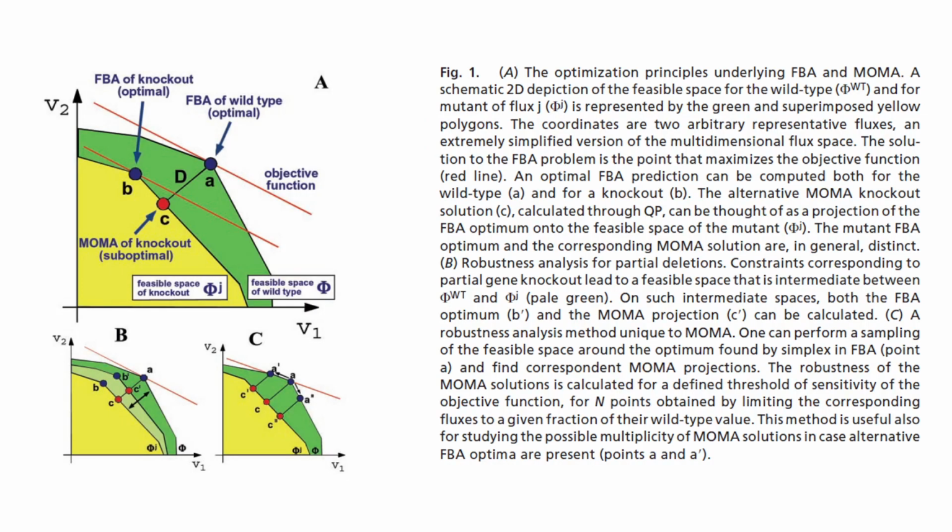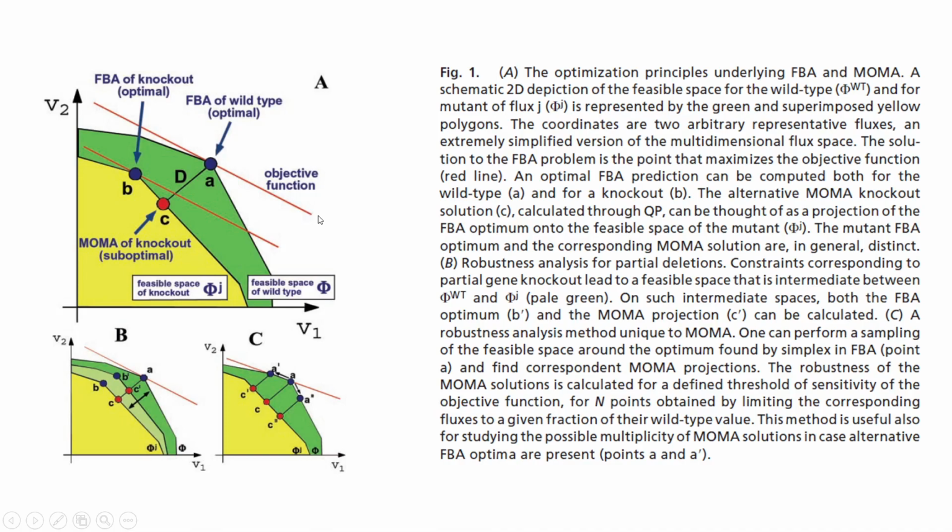Now, on the left side of the slide you can see this picture. This is how FBA and MOMA are different. Panel A is showing the underlying concept. First I'll just give you an overview of the figure. These red lines are showing the two objective functions.